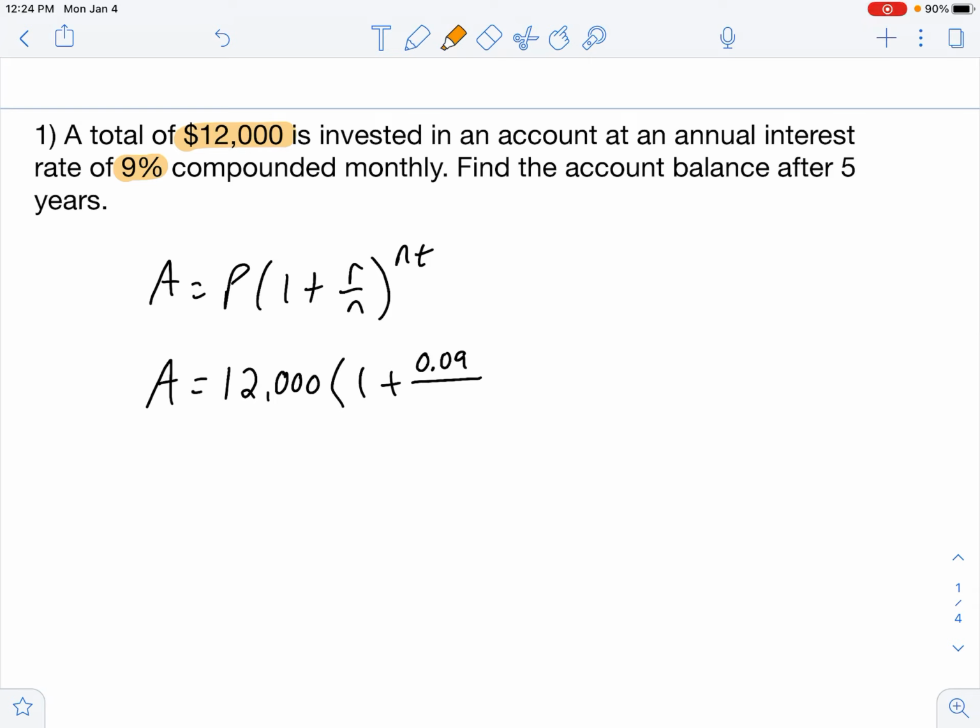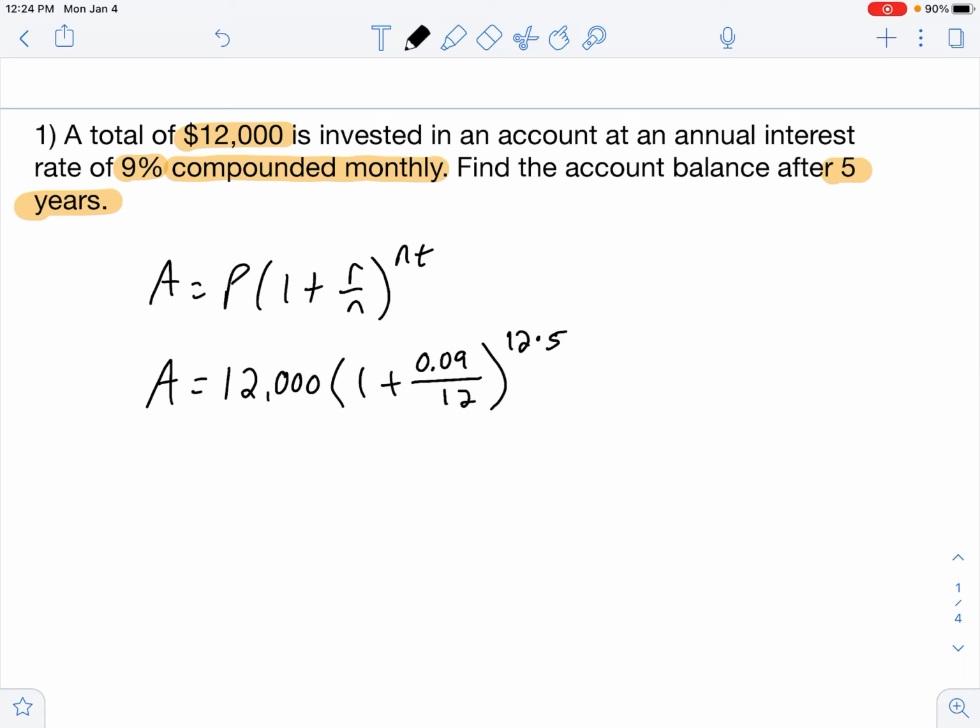Divided by N, which is how it's being compounded. It's compounded monthly, so that makes it 12, raised to the N times T, and we have 5 years. So 5 times 12.